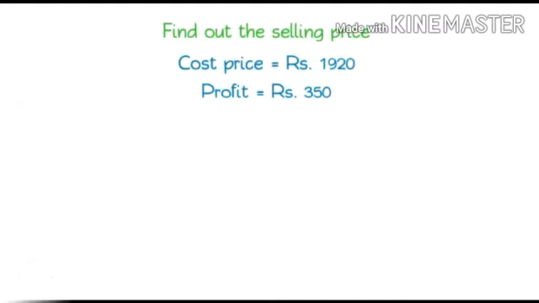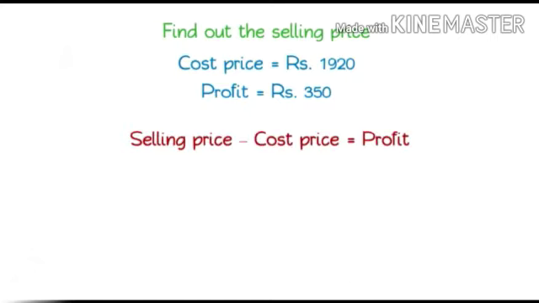Find out selling price. Here, it is given that the cost price is 1920 rupees and profit is 350 rupees. We know that formula for profit, selling price minus cost price is equal to profit. From that, we get the formula for selling price.